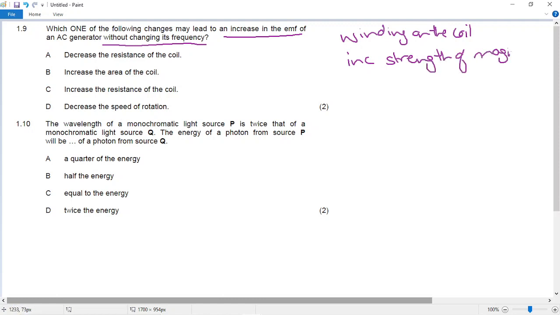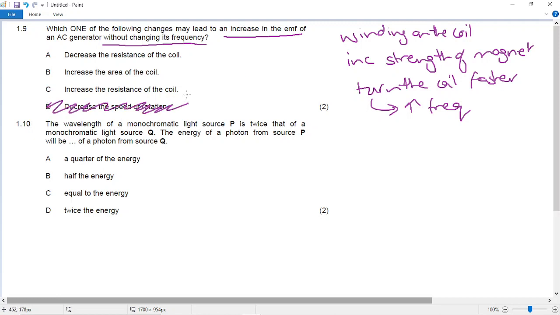And the last thing we can do is turn the coil faster. But if we turn the coil faster, this is changing the frequency. So if we want the frequency to stay the same, we cannot do this one. This one would actually also decrease the EMF if we turn it slower.